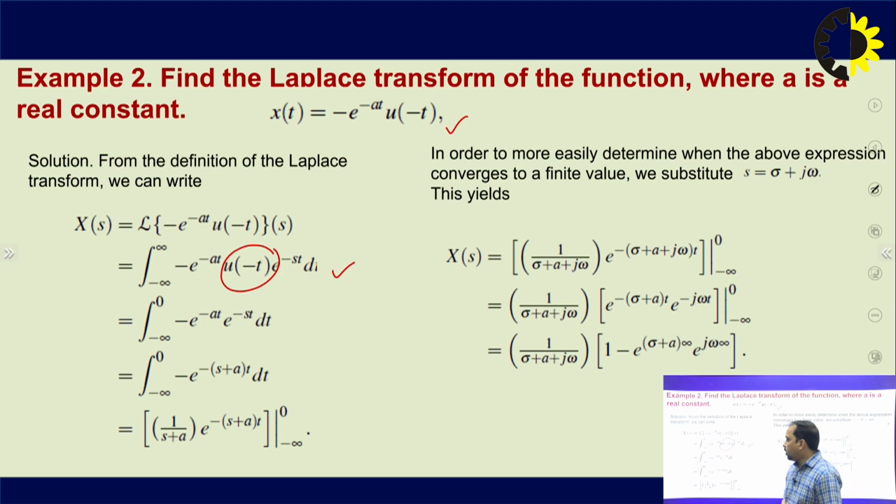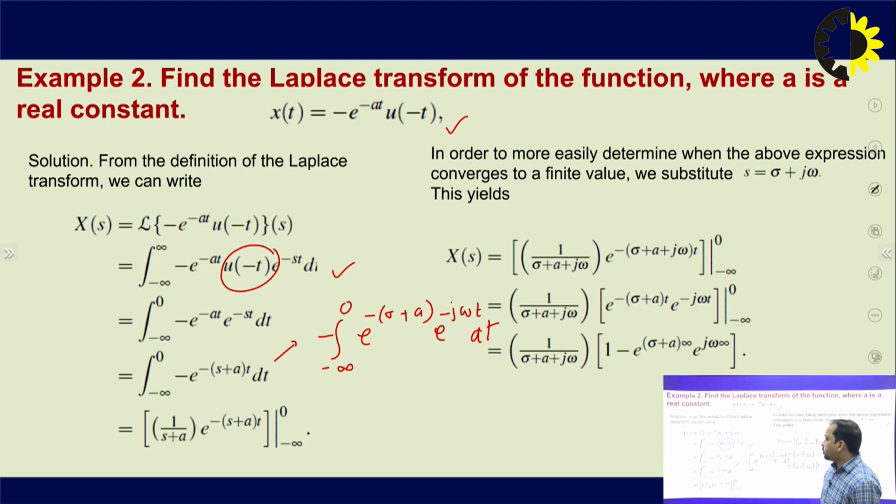Now a small question: if we have the Laplace transform X(s) and we want this Laplace transform to converge, how can we see it? Minus infinity to 0 means the time is negative over here, and we can take the minus sign outside, which is nothing but the magnitude, the amplitude basically: e raised to minus sigma plus a, times e raised to the power minus j omega t, dt. We can write something like this.